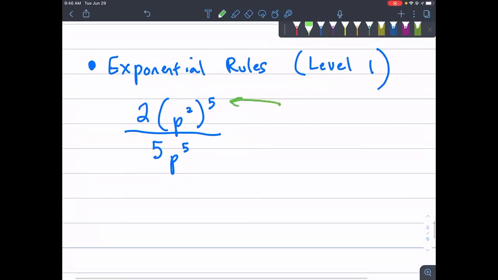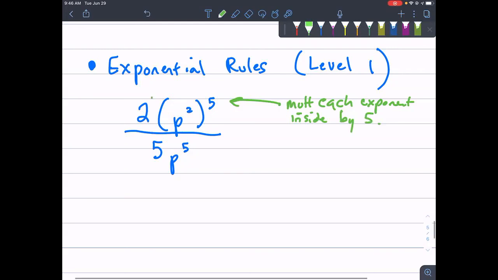Here we're going to, just like we did on the previous one, multiply each exponent inside by 5.